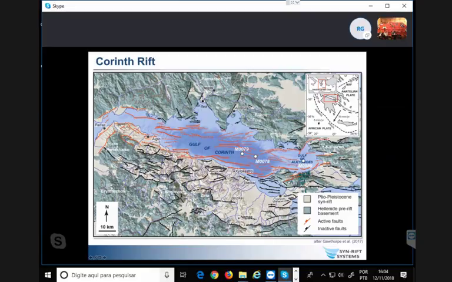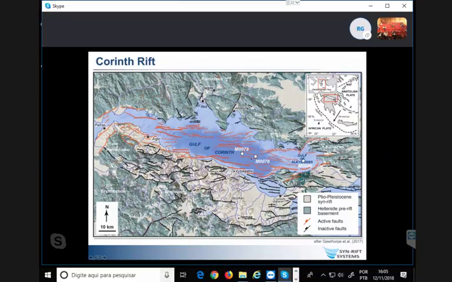The colors here: green is the pre-rift Hellenide thrust belt, effectively a basement to the rift. Yellow are Pleistocene synrift sediments. Topography is highest in the west here. It gets up to nearly 2,400 meters.